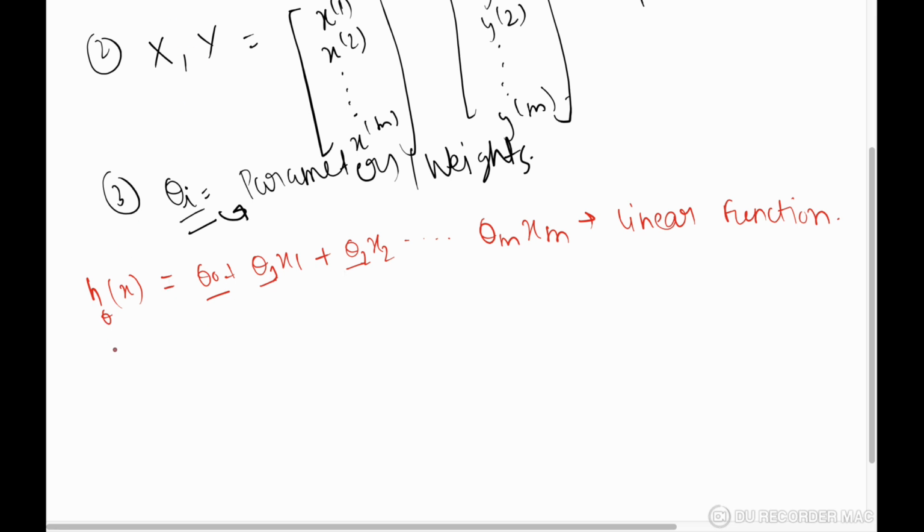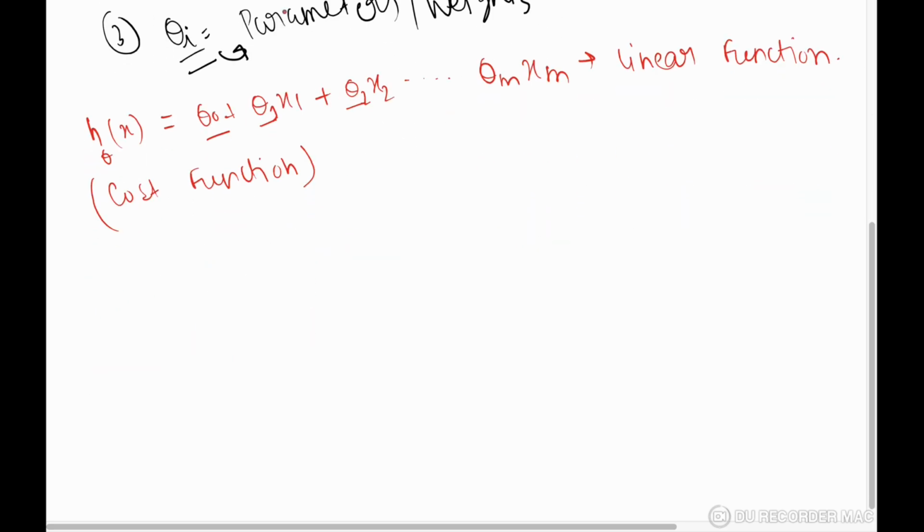And the cost function for our linear problem would be this: j of theta equals 1/2 summation from i equals 1 till m of h theta of xi minus yi, squared.